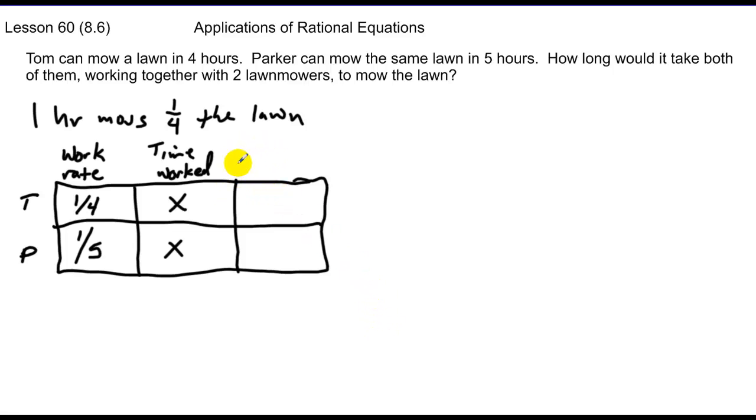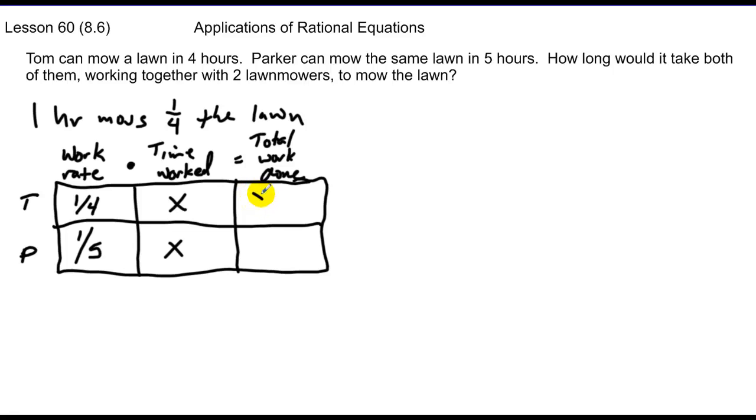And in our final column, we take total work done. And in order to get that, we multiply these two quantities together. As I stated before, work 1 hour, do 1/4 of the job, 2 hours, 2/4, 3 hours, 3/4, 4 hours, 4/4.